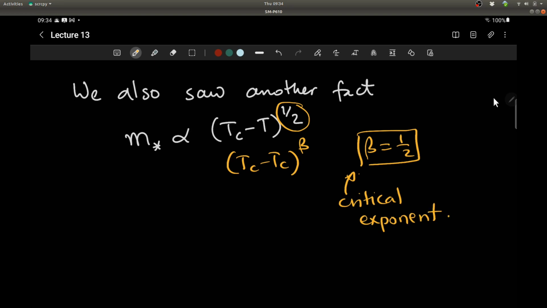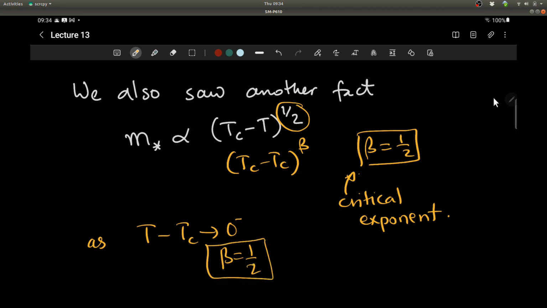Okay, so what does this say? As T minus Tc tends to 0 minus, so it's going from the negative direction, we get this critical exponent because we see beta equal to half. There's some convention. This is called beta.